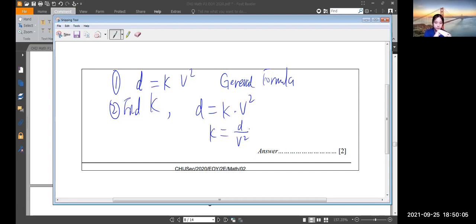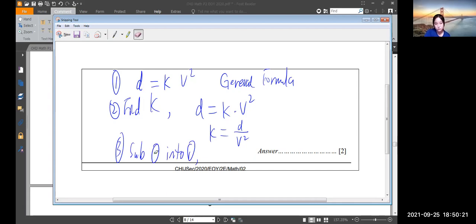I can do it without assuming V equals 100, right? Okay, just do it this way first. Once I do this, I got the K, so step 3, sub K into 1.